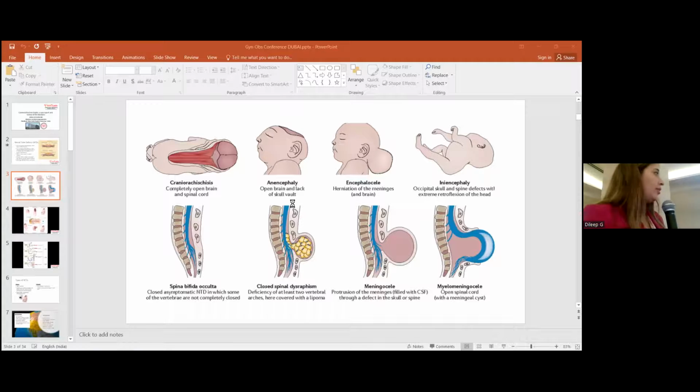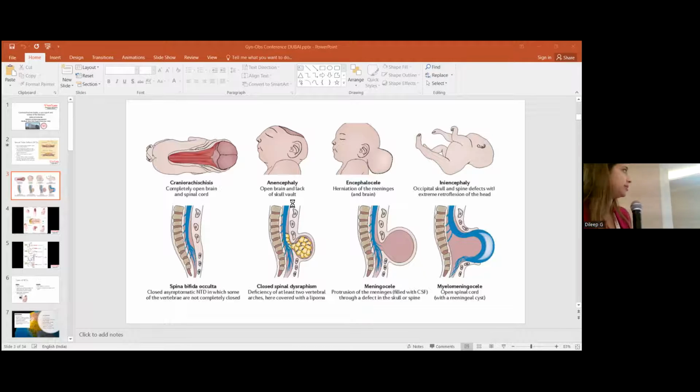Alpha-fetoprotein or acetylcholinesterase enzymes are very important because it is the highest protein in the fetus, and if there is an abnormality in the skin of the fetus, we can see the enzyme in the maternal blood sample. We can measure it between 15 and 20 weeks, and 2.5 is the cutoff value for us.